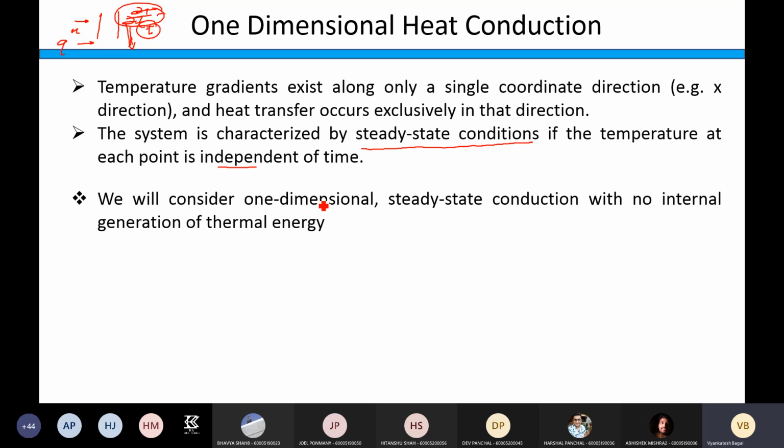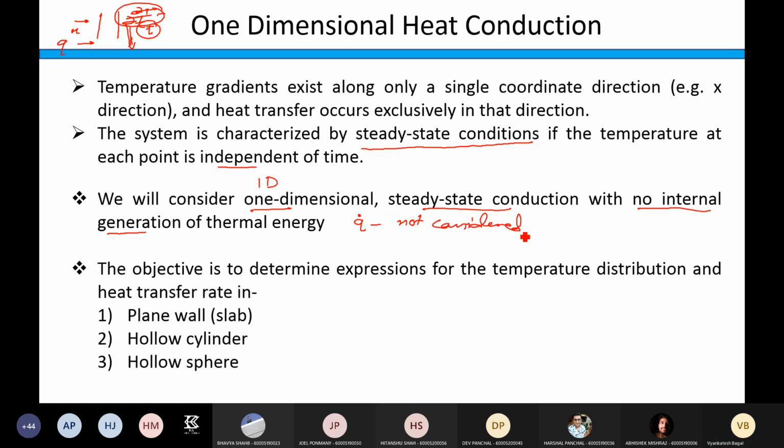We'll consider one-dimensional steady state conduction with no internal heat generation. Means the Q dot term will not be considered to begin with throughout this chapter. We will consider it in a later part of the content, but not right now.